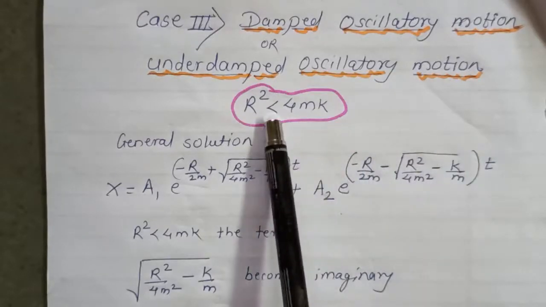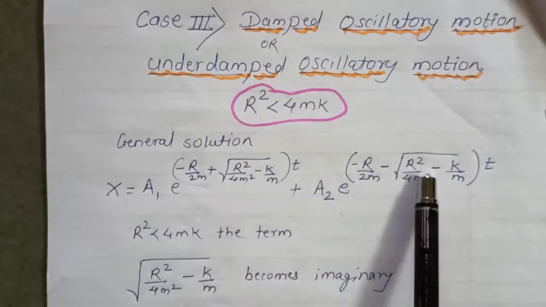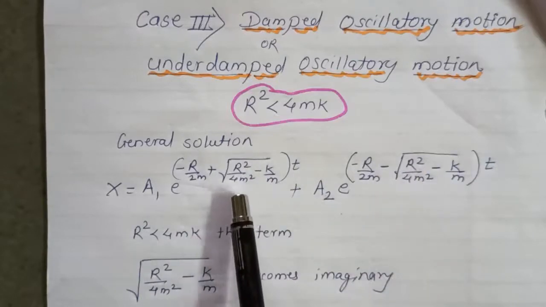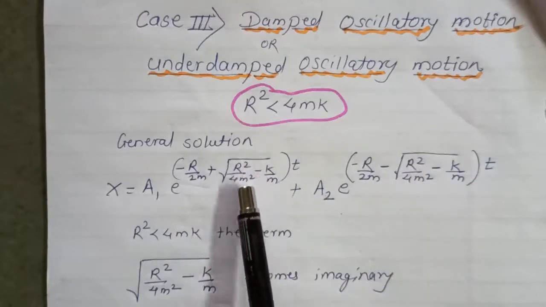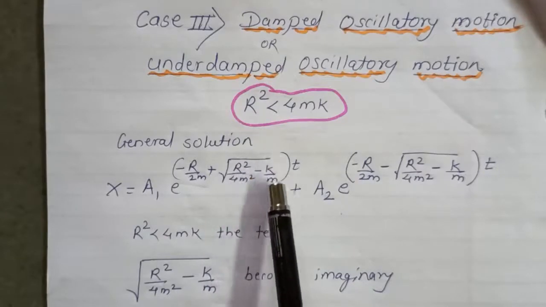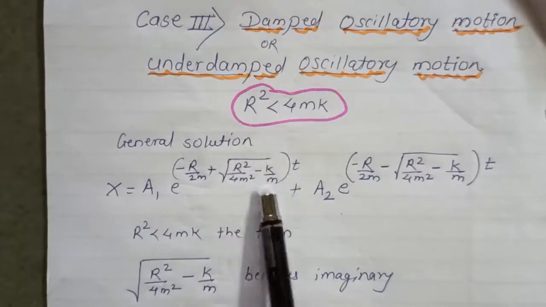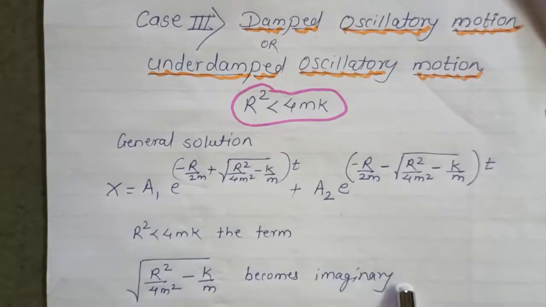Now put this condition in the solution. Then the term square root of r square upon 4m square minus k by m becomes an imaginary term. Consider the square root of r square upon 4m square minus k by m.